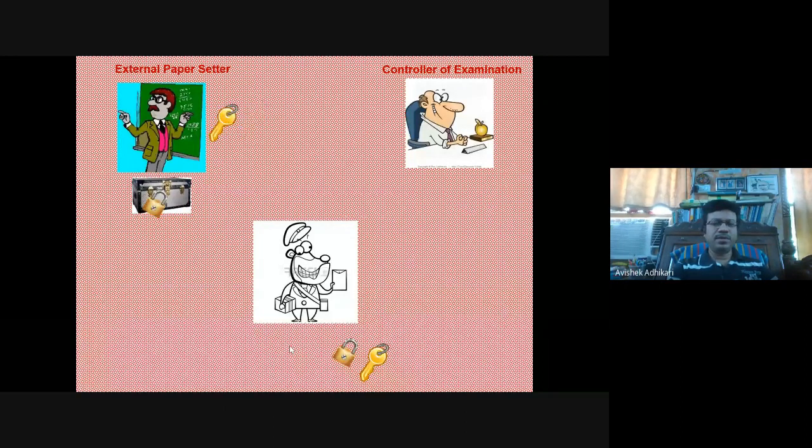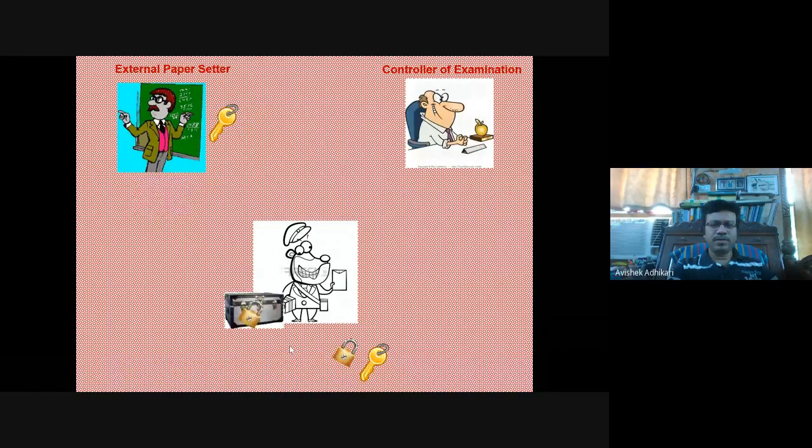That means he gives his own lock and key along with the box and sends it to the external paper setter. Now the paper setter will think it might have come from the controller of examination. So after completing his question paper, he will put it inside the box, make a lock of it, and send it back to the postman.